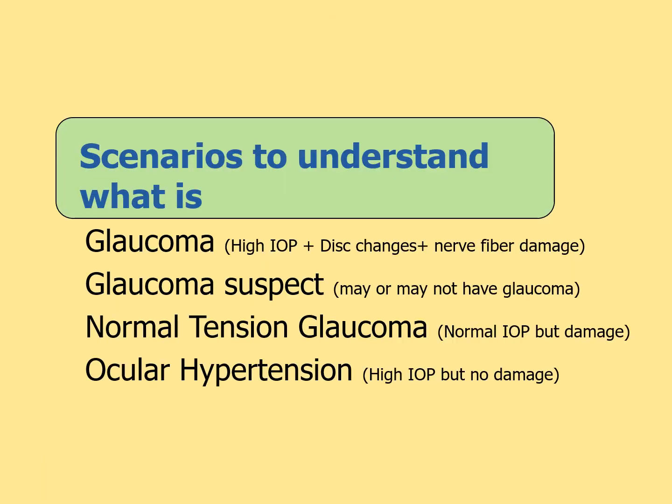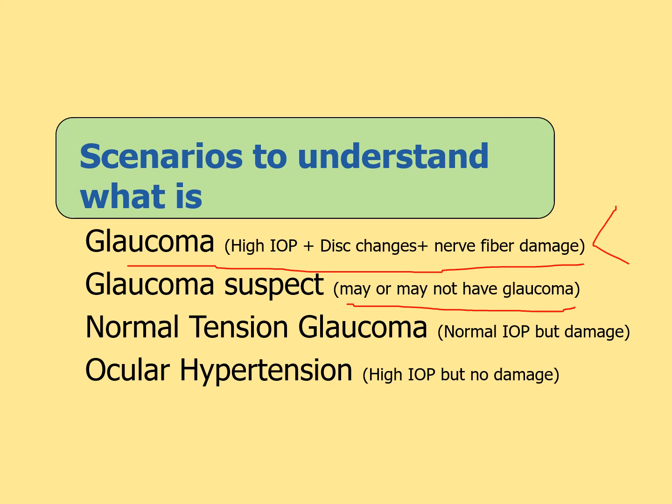So let's summarize at the end what we discussed. Glaucoma is a triad of high intraocular pressure, disc changes, and nerve fiber damage. Nerve fiber damage is detected with the help of visual fields and OCT. Glaucoma suspect is a patient which may or may not have got glaucoma. So some signs will be in favor of glaucoma, the others will be against the glaucoma, and you cannot decide whether the patient has glaucoma or not.